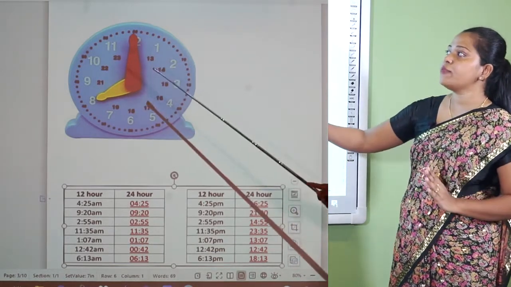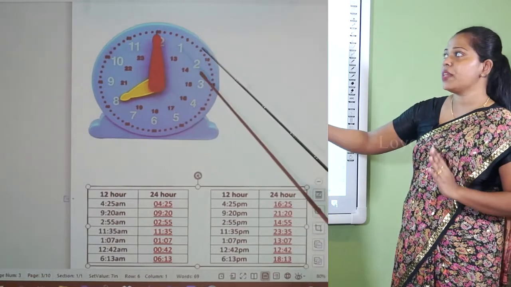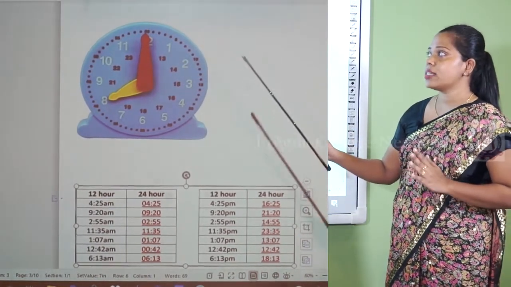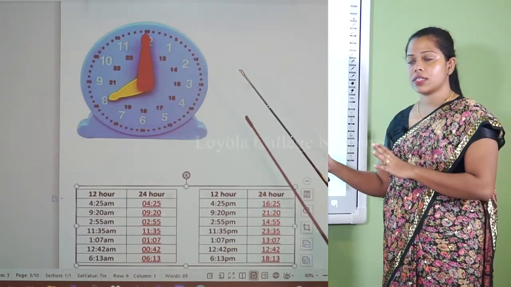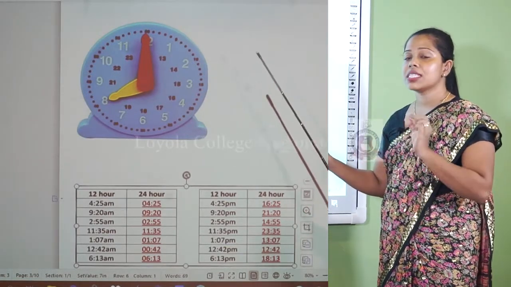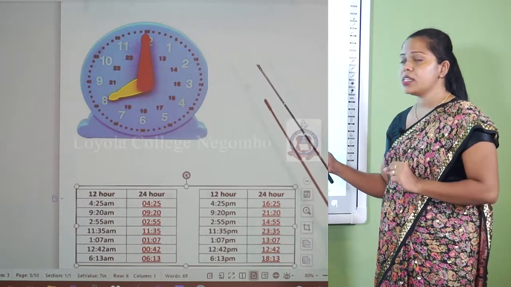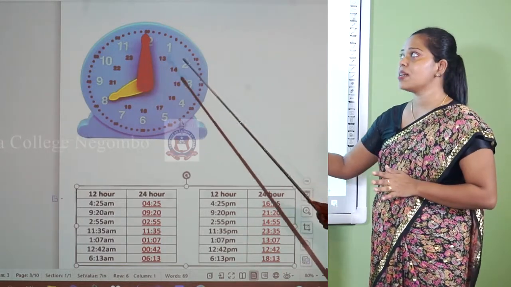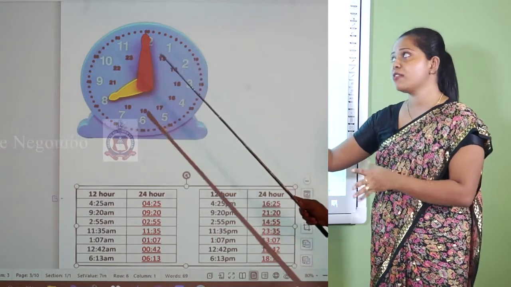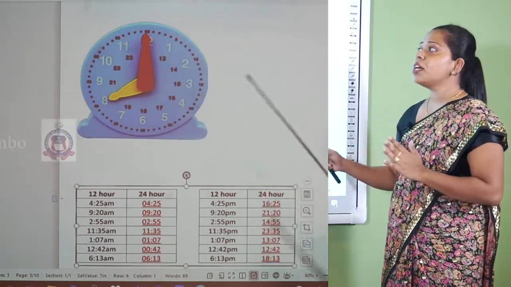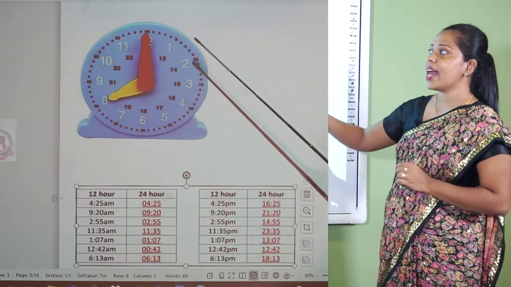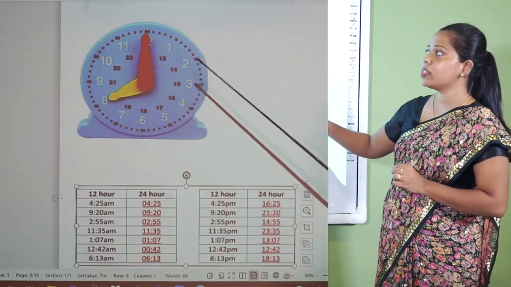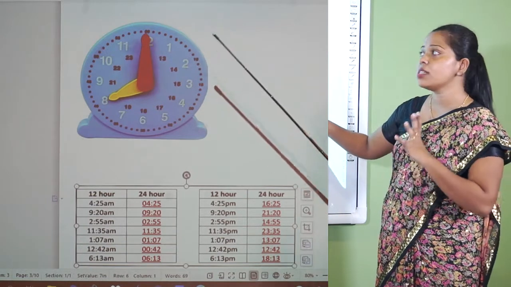Now after 12 noon, if the time is 1 o'clock, we are not going to write that time in 24-hour clock time like this, 01:00. That is wrong, because here it is 1 o'clock in the afternoon, after 12 noon. What we are going to do is add 12 to this 1 to show it using the digital clock time.